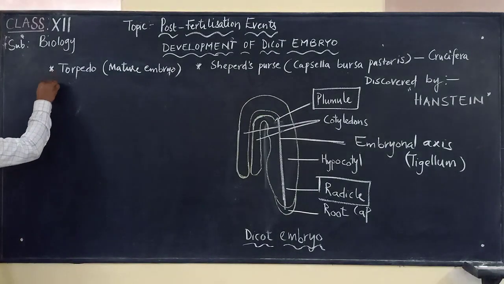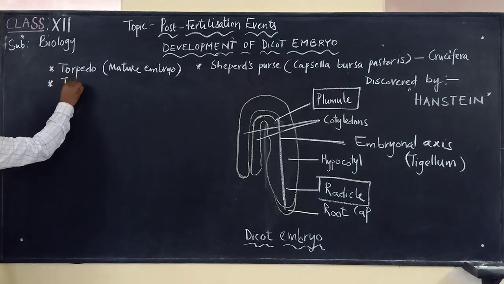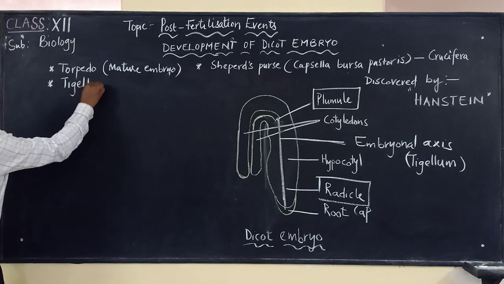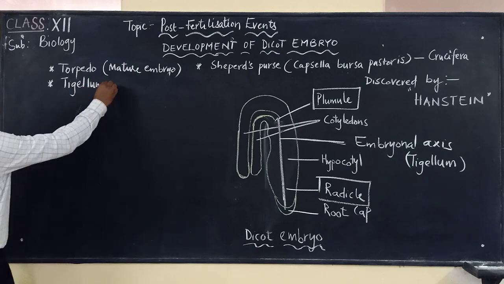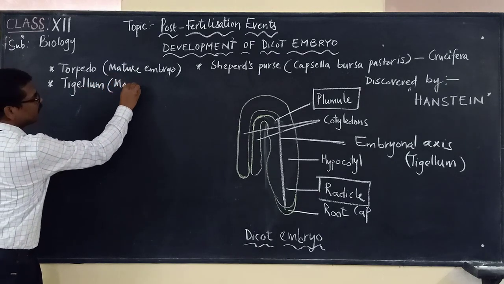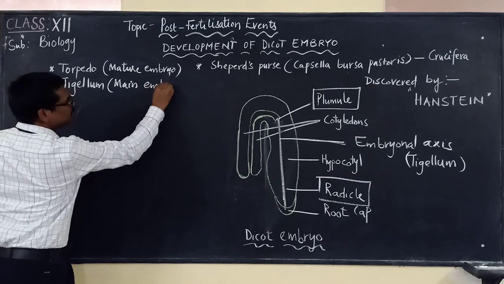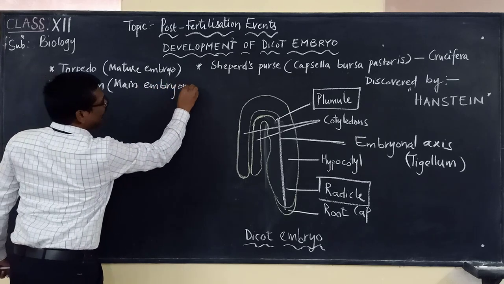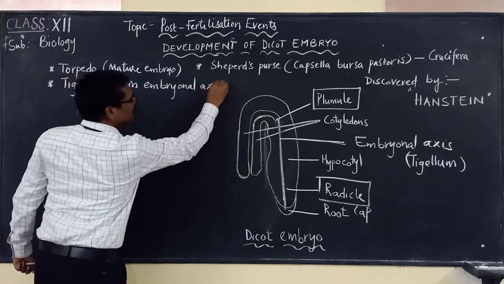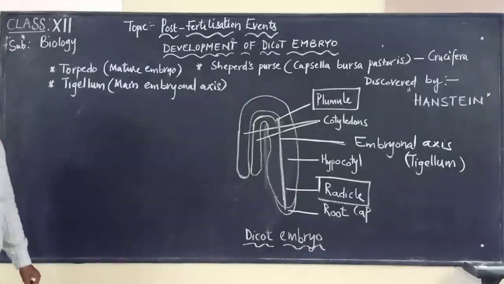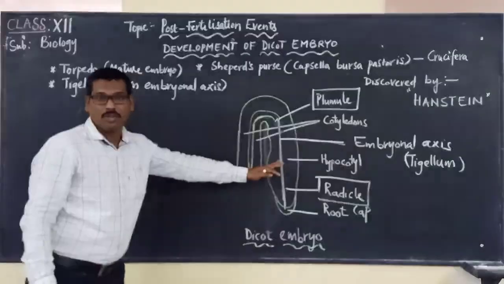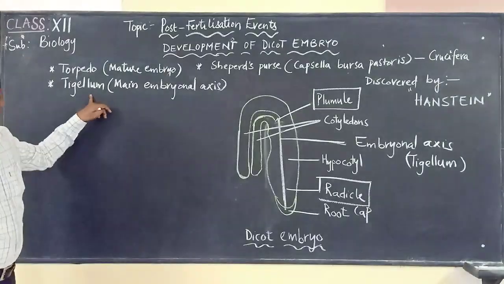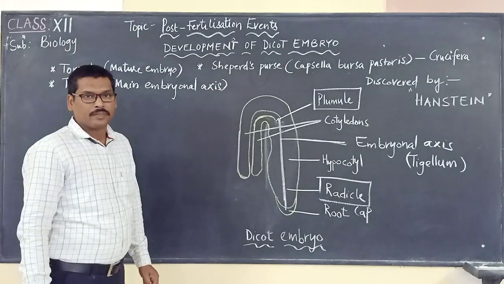This is another word we have to keep in mind. What is tigellum? It is the main embryonal axis in this dicot embryo.